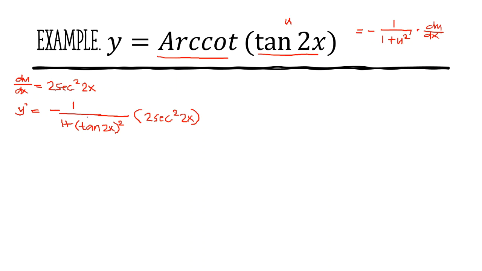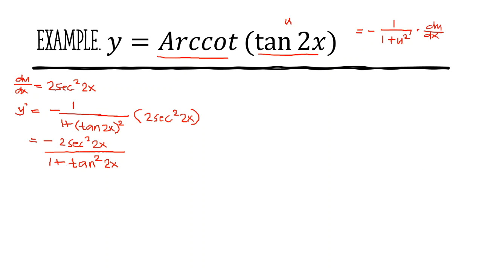So simplifying by multiplying the terms, we have negative 2 secant squared 2x all over 1 plus the squared of tangent 2x, which is just equivalent to tangent squared 2x.